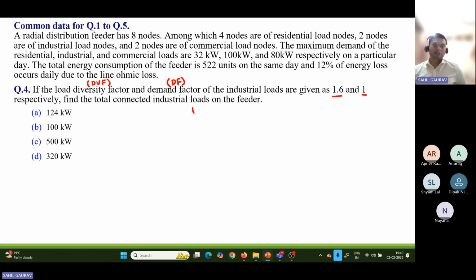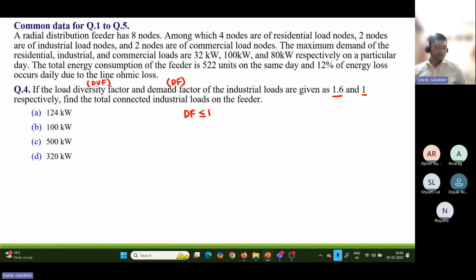If you see, the range of demand factor is always less than or equal to 1. So the maximum value of demand factor is given here. The demand factor is given as 1 while diversity factor is given as 1.6. Find the total connected industrial loads on the feeder.